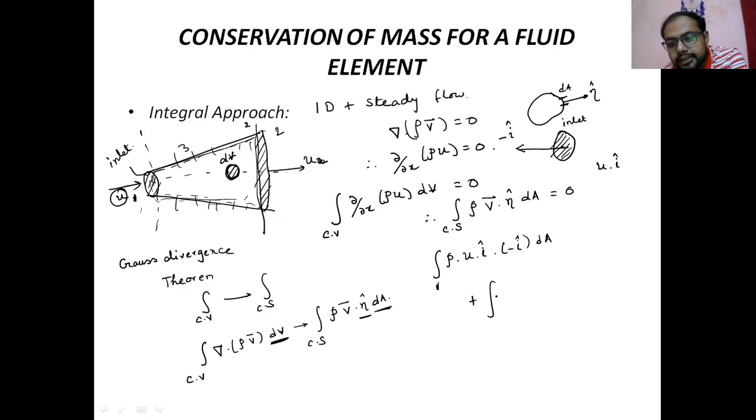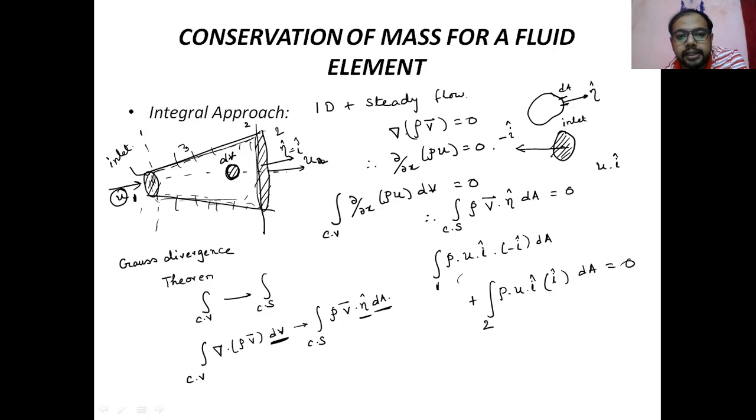For the outlet surface, U i, because U is in the positive x-axis direction, and the outward normal is also in the i direction. Here the normal is minus i, why minus i? Because it is outward from the surface. Here outward is the positive x direction, there outward is the negative x direction. That is the change.